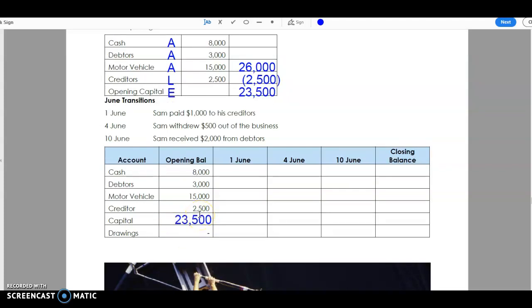There it is. Now, this table here, what I want you to do here is record these transactions, and this is a continuation of the transaction effect on page 34, where we looked at the duality concept and every transaction having at least 2 effects.